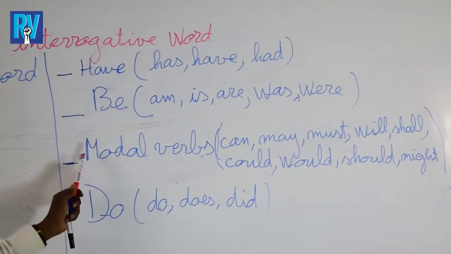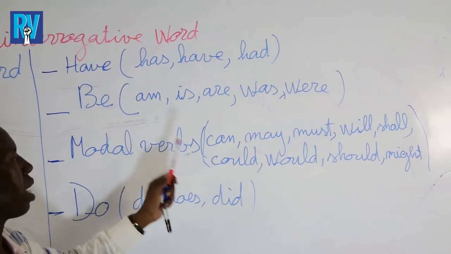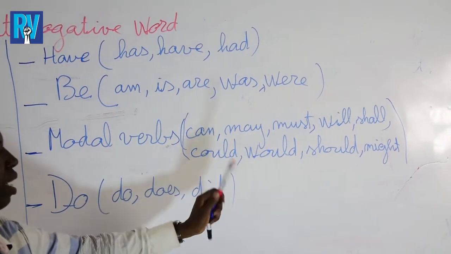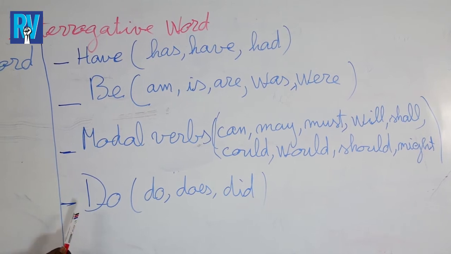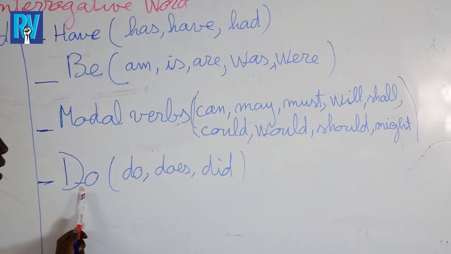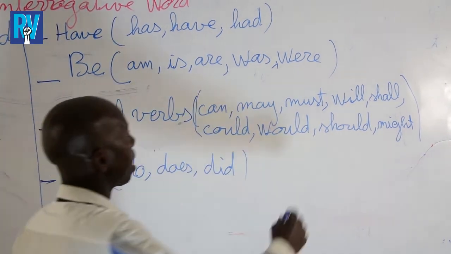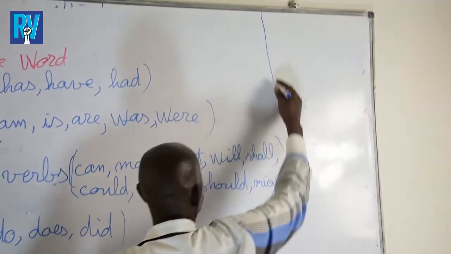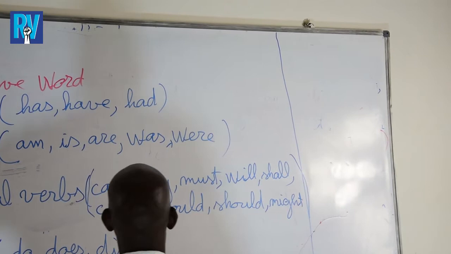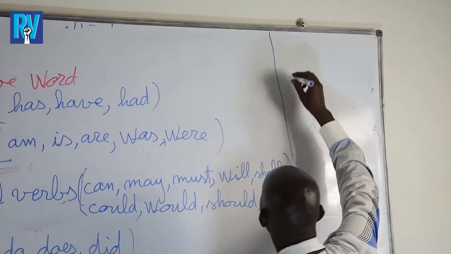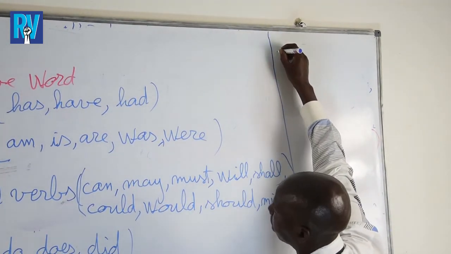Okay, you can have a modal verb: what can, who may, what must, where will, etc. Or you may have the grammatical do: do, does, or did. And after that, when you ask your question, here is the place of the subject.